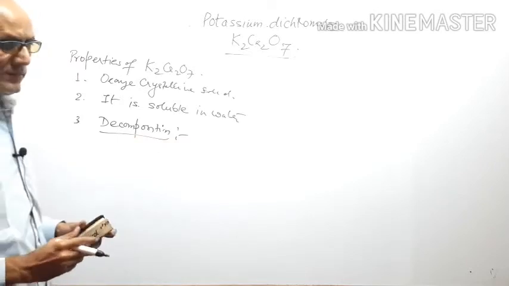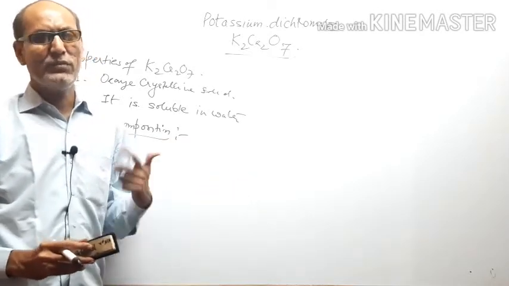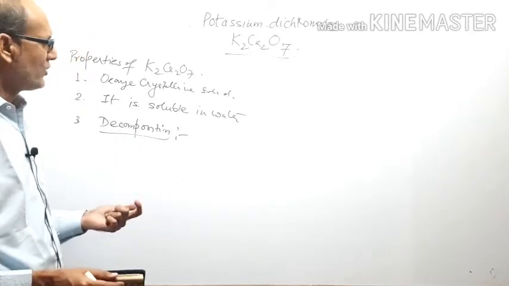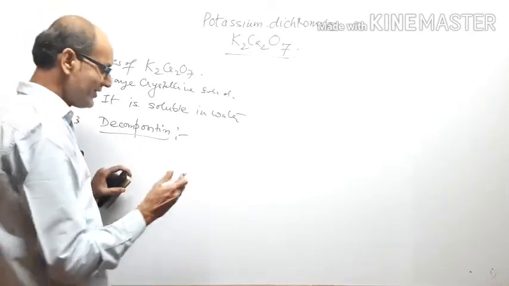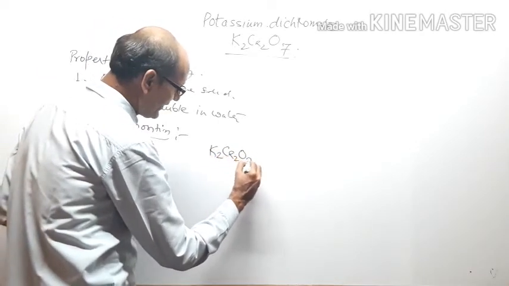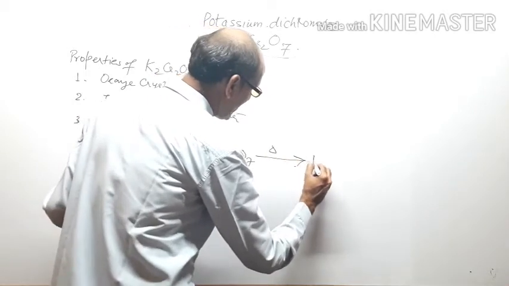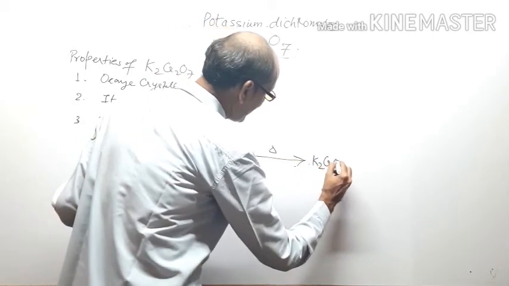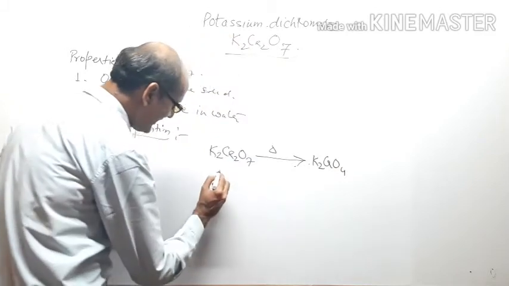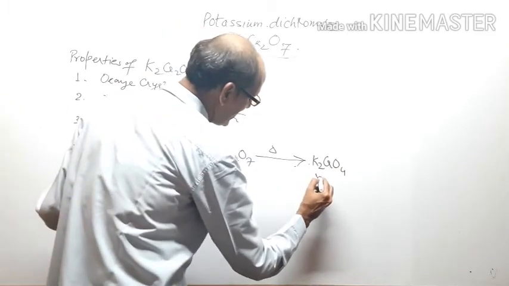On heating, potassium dichromate is converted into potassium chromate and produces oxygen gas. K2Cr2O7 on heating will give K2CrO4. This is orange in color, while this is yellow in color.